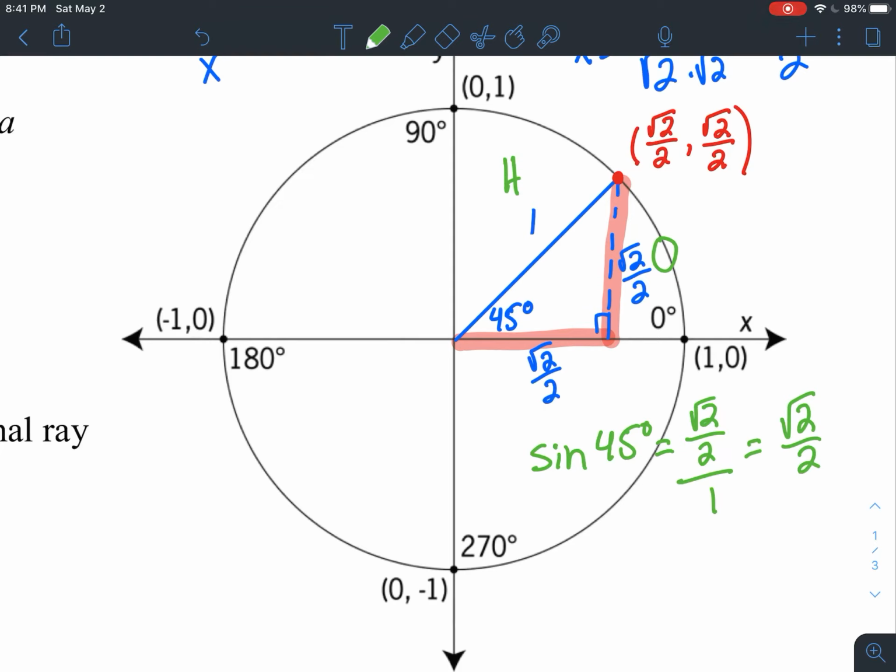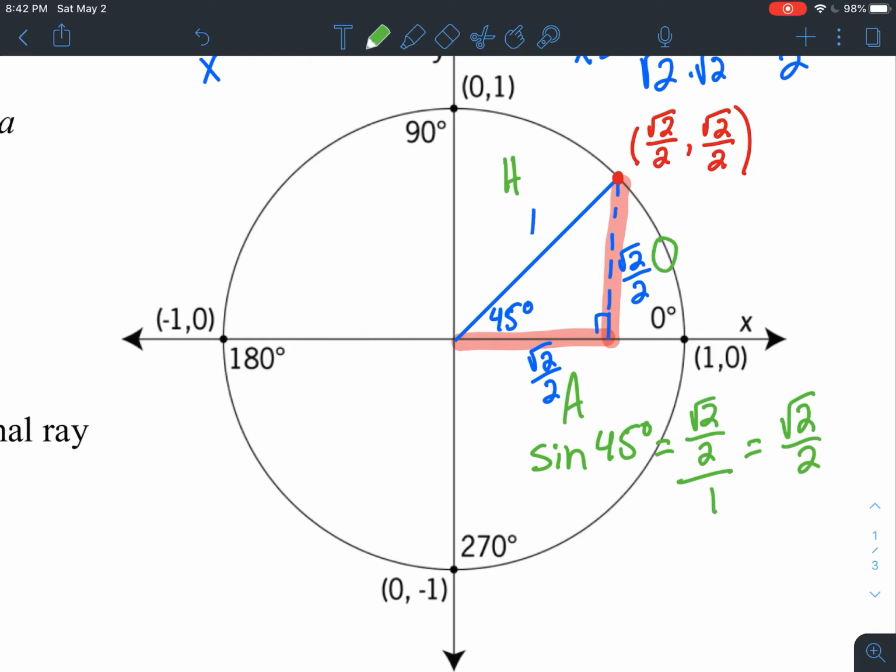In this case, it's a little unclear to see, but that's going to correlate to this y value for my coordinate, my terminal point, because that height is the opposite that I was looking at. And if I was looking for the cosine, it would be this adjacent side over the hypotenuse, which in this case is 1, which is always going to be the case for a unit circle. So the x value for my coordinate, my terminal point, is going to be the cosine.